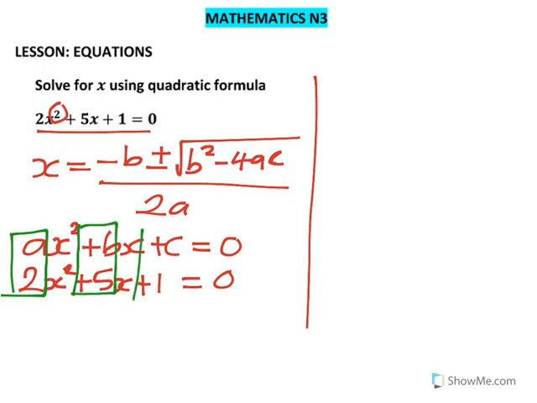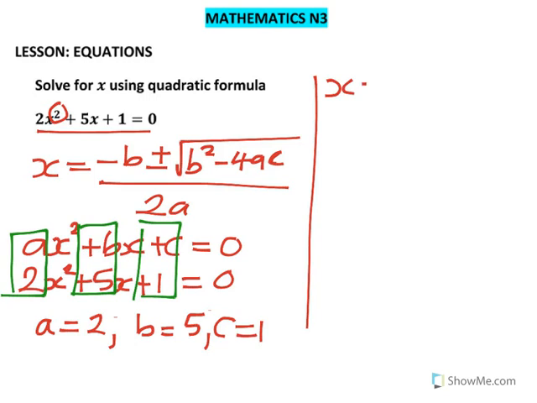So now my a is equal to 2, my b is equal to 5, my c is equal to 1.